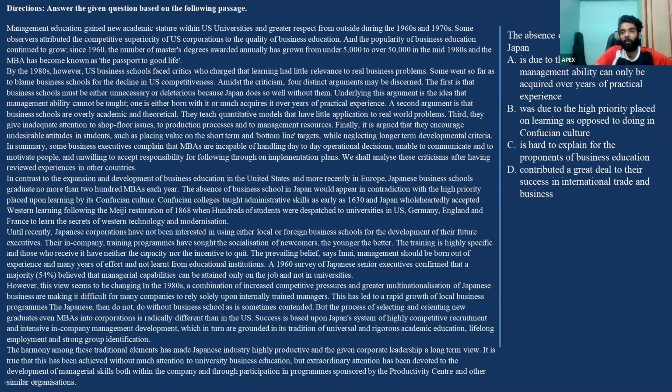The absence of business schools in Japan is due to the prevalent belief that management ability can be... yeah, this is kind of true... was due to the high priority placed on learning as opposed to doing. No. So in Confucian culture, as mentioned in the passage, let me be very clear. Where did they mention this about Confucianism? I have seen this right here somewhere. Give me one moment.